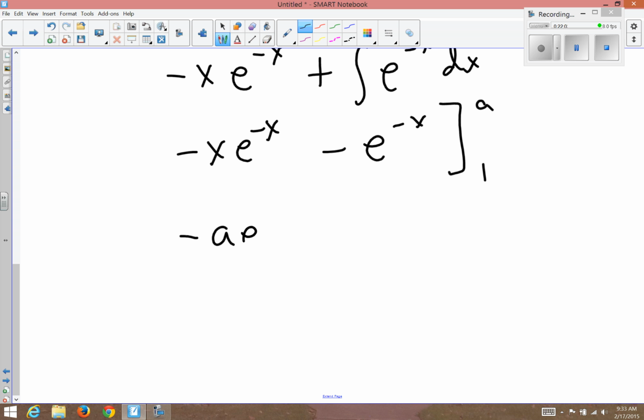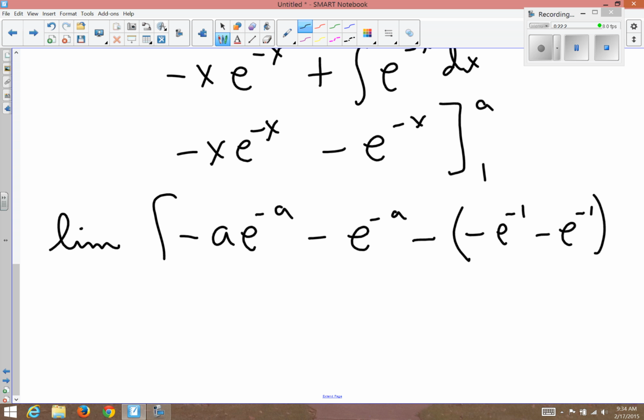Negative a e to the negative a minus e to the negative a minus. Now all the x's get replaced with 1's. It's negative 1 e to the negative 1 minus e to the negative 1. And don't forget this a was actually taking the place of infinity, so we need in front of this the limit of all that as a approaches infinity.